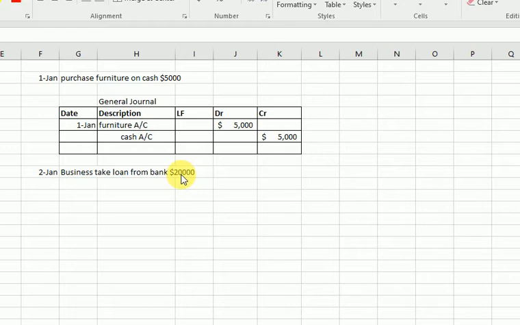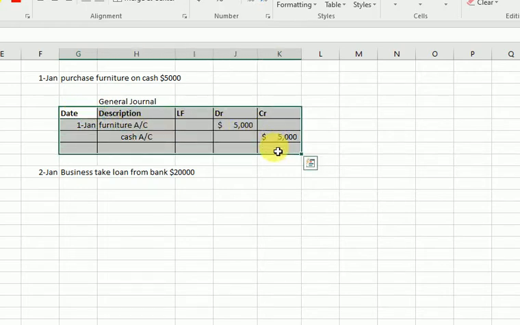The business is liable to pay back this loan in future. They will pay back this loan. So look, two things happen. One, the liability of the business is increased, and on the other side, the assets of the business are also increased.